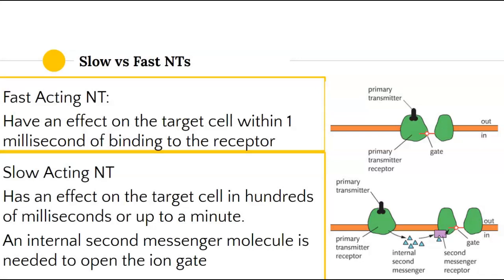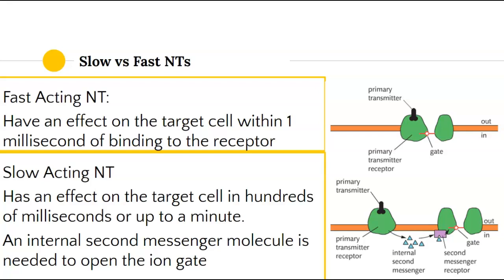Now, neurotransmitters can also be differentiated as slow versus fast. Fast-acting neurotransmitters just have an effect within 1 millisecond of binding to a receptor. So they happen quickly. Slow-acting can take up to a minute. So it does have an effect, it's just slower. An internal second messenger molecule is needed to open the ion gate.